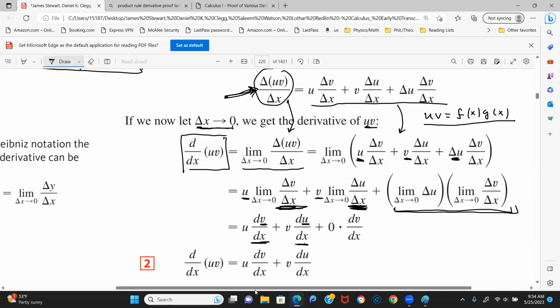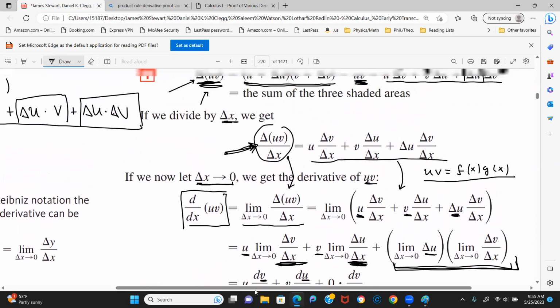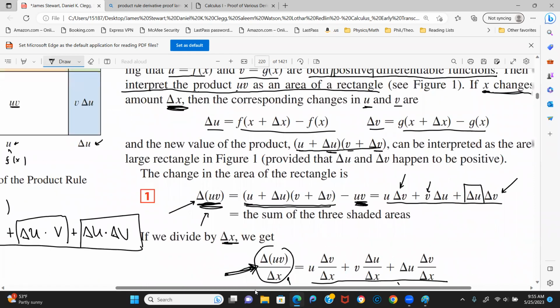Now, the last thing we have is this thing right here. What happens here? Well, when delta x goes to zero, it turns out that delta u also goes to zero. And let's look at why that's the case. Remember how delta u is defined. It's f of x plus delta x minus f of x. And f is differentiable and hence continuous.